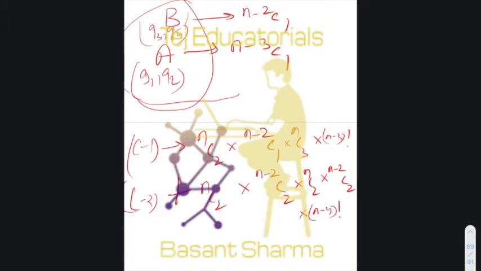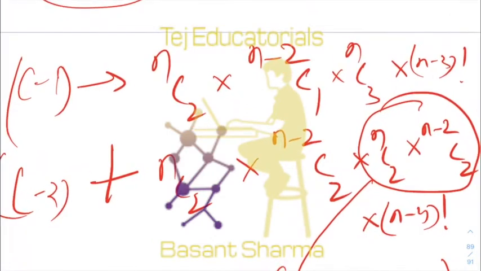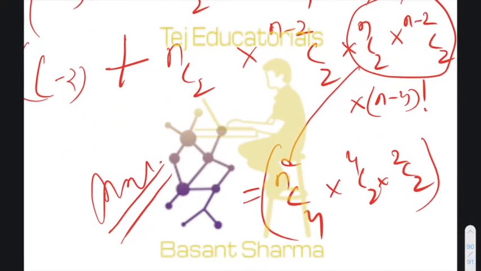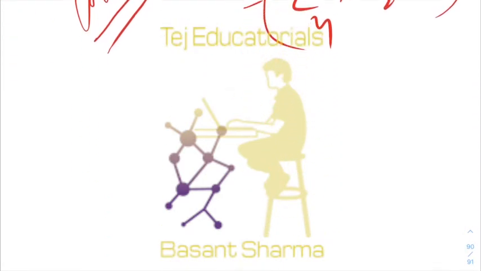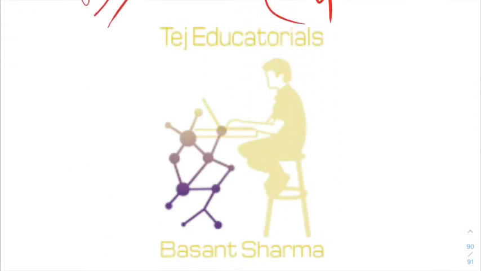And this thing you can equivalently write as NC4 into 4C2 into 2C2. So this is your answer. Now let's move ahead.